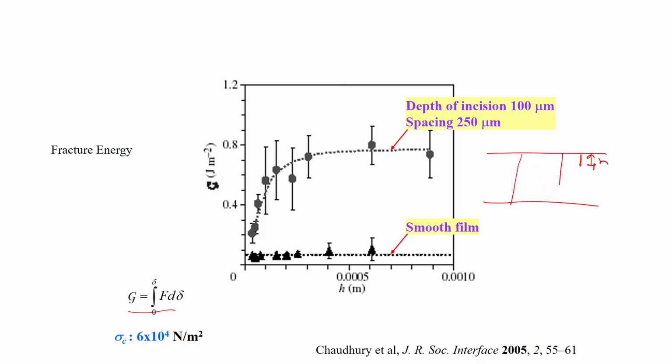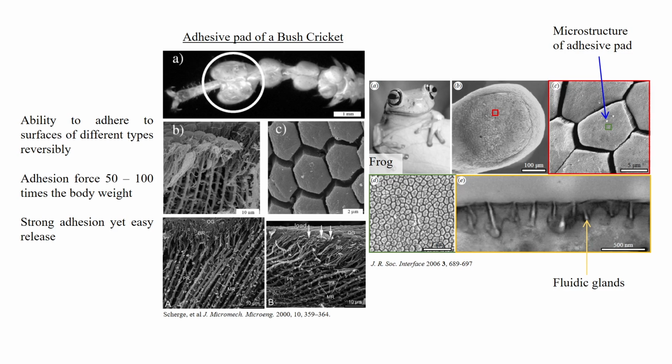In the earlier experiment the incisions went through the whole thickness of the film, but now we have varied the incision height, and that leads to different fracture energy. Here also one can see that the enhancement in adhesion is about 10 times over the smooth film. So, this was about the crack arrest and initiation mechanism.